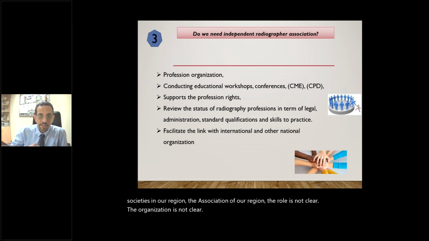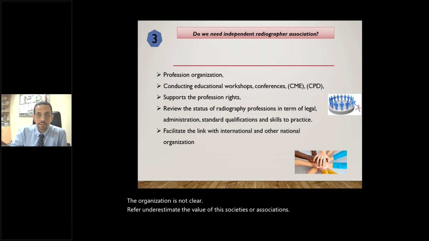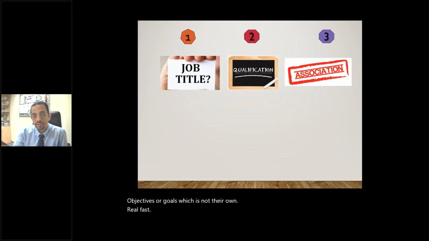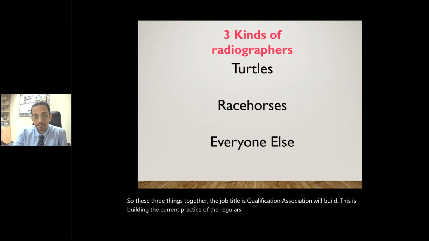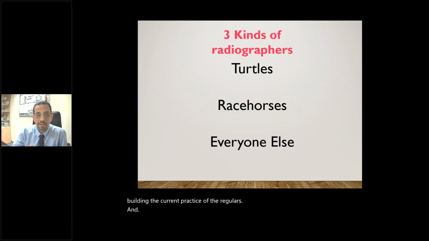Radiographers underestimate the value of these societies or associations, and some of them are working on different objectives or goals, which is not their real task. So these three things together, the job titles, qualification, and association, are building the current practice of the radiographers. And it gives us three kinds of radiographers.